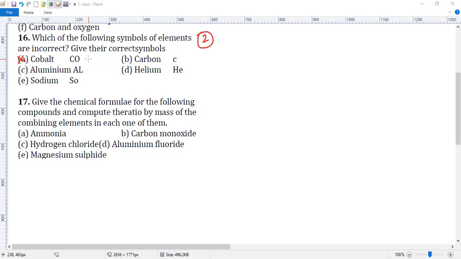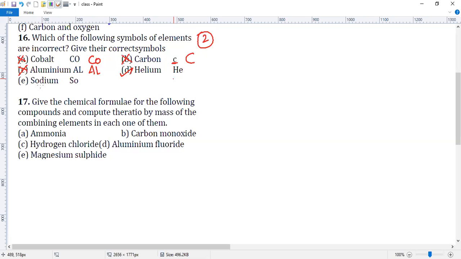Good. Always the first alphabet should be in capital, the second alphabet should be in small. The same problem with the C subdivision also. Aluminium, capital A, whereas small l you have to write. And carbon, the first alphabet itself is in small, so this is also wrong. It should be a capital C. And helium is perfectly correct. Capital H and small e.